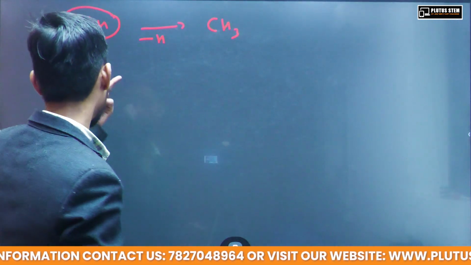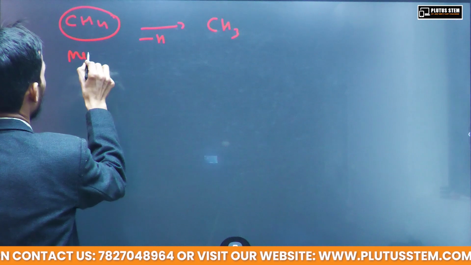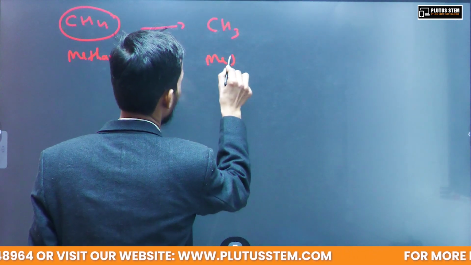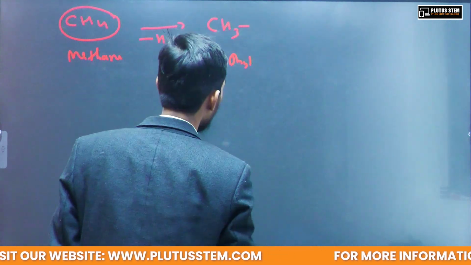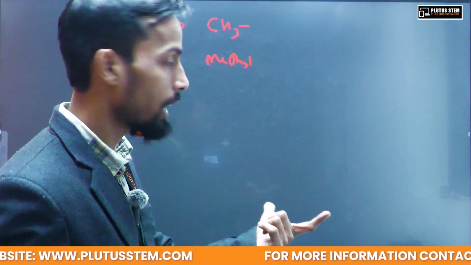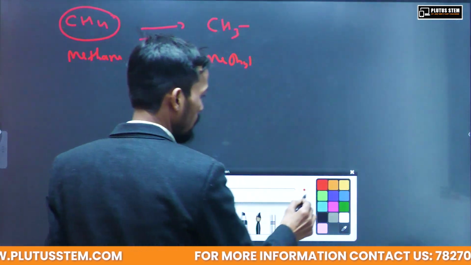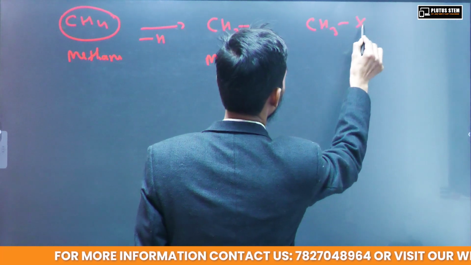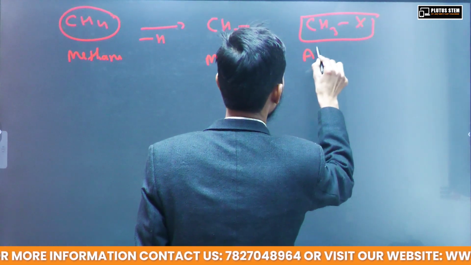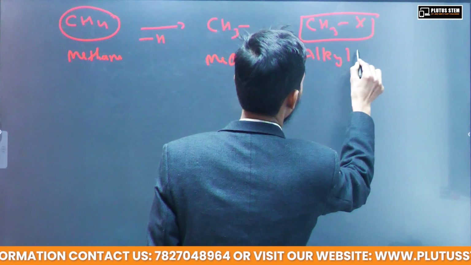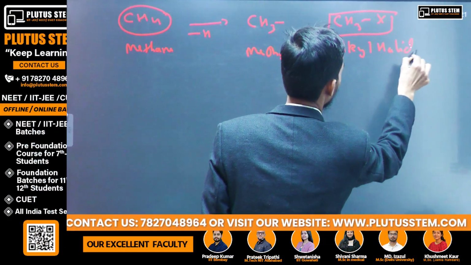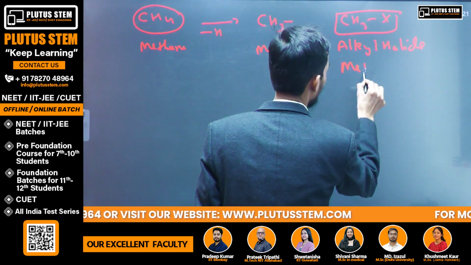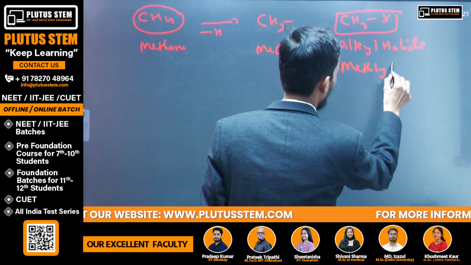This is methane, this is methyl, and if we add some substituent, let's say our halide, CH3X, it becomes alkyl halide, or you can say over here we have methyl halide.